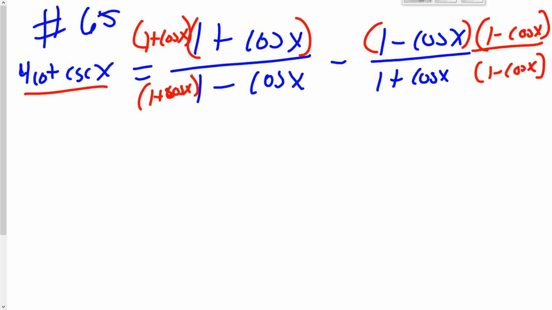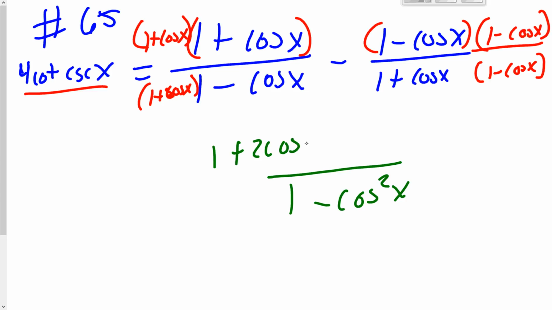So on top, you're going to have to distribute, right? You're going to have to FOIL that out. On bottom, they're conjugate, so it's nice. It's just 1 minus cosine squared x, which is just sine, right? But on top, we're going to have to FOIL this. This is 1 plus 2 cosine x, cosine squared x, plus cosine squared x.